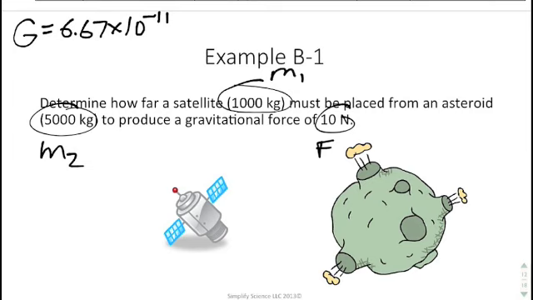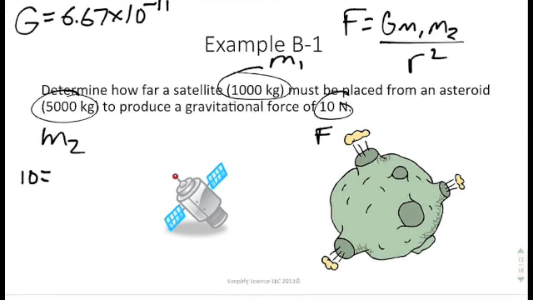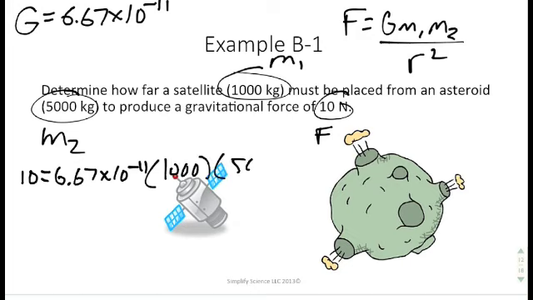So now we can plug in. F equals G M1 M2 over d squared, which is 6.67 times 10 to the minus 11th times 1,000 times 5,000 divided by, we want to solve for this distance, but remember the distance term is squared. A lot of times R and D are used interchangeably, so I used R here and D here, but they're the same thing.